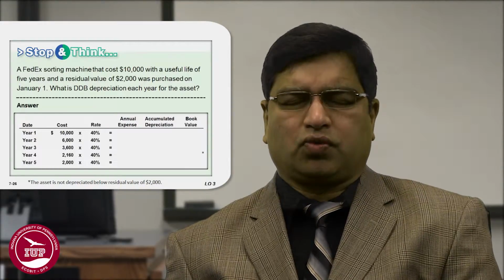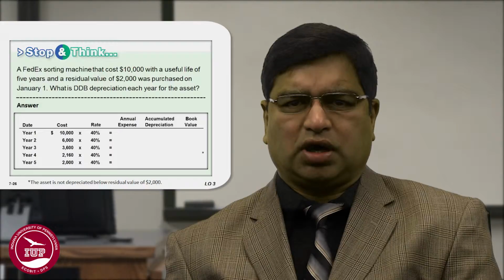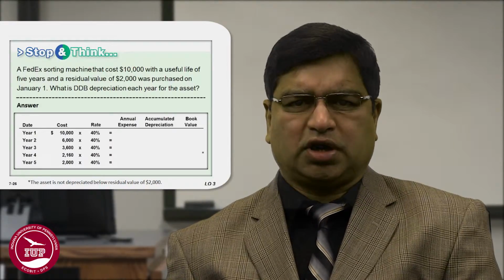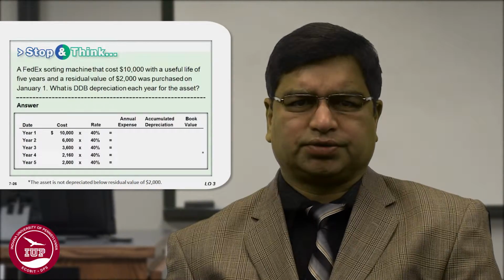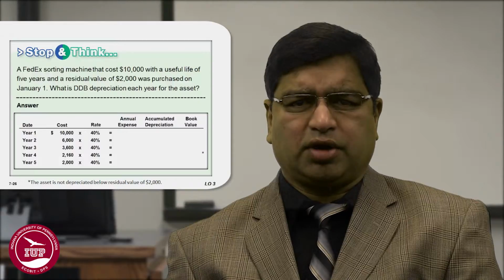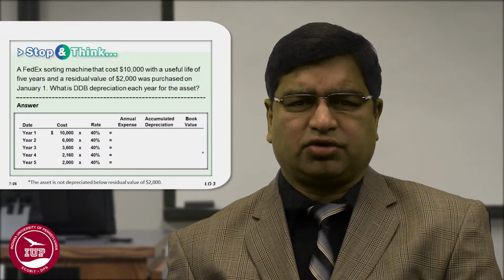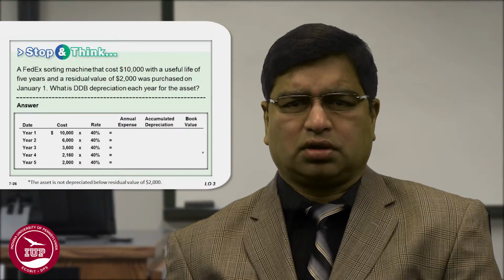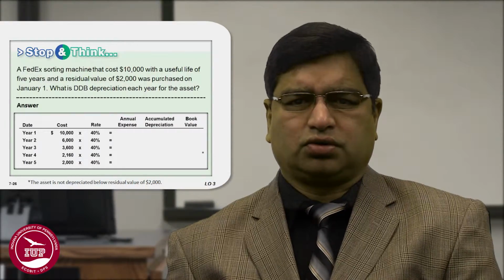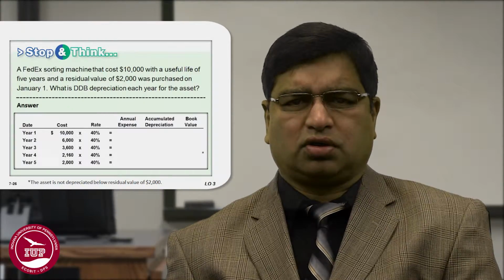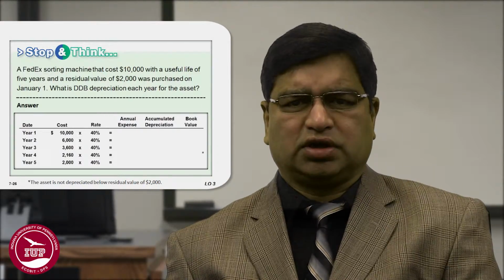And your book value now has gone down to $3,600, which is $10,000 minus $6,400. And so on. Third year, you got 20% of $3,600, and in the last year, you got nothing left. It was down to $2,000, so no depreciation was charged, and your book value is $2,000.